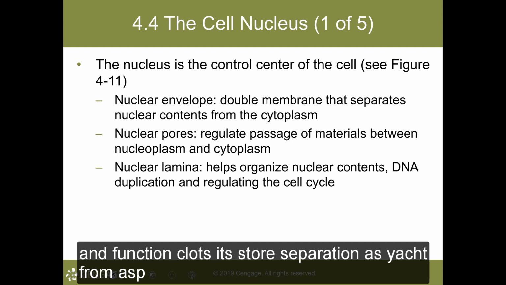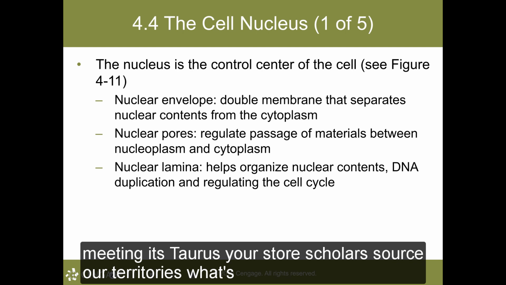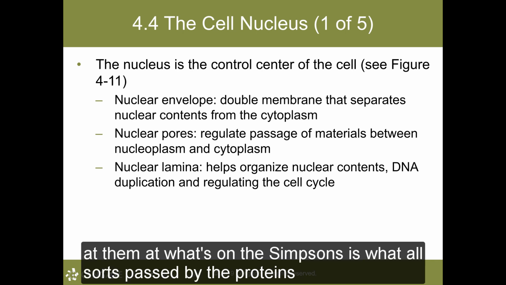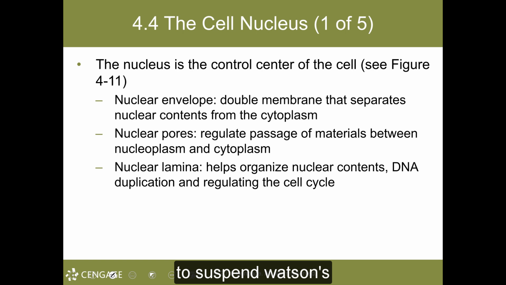In function, it stores information as deoxyribonucleic acid, meaning it stores hereditary information. DNA is transcribed into RNA, and thereafter RNA synthesis goes on to specify the proteins. This has been the nucleus.